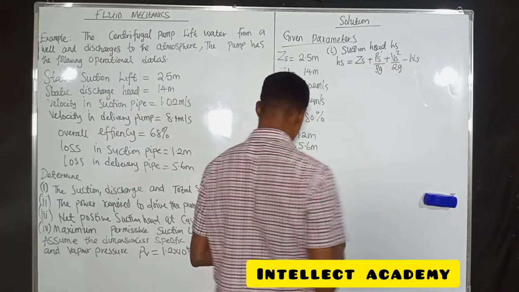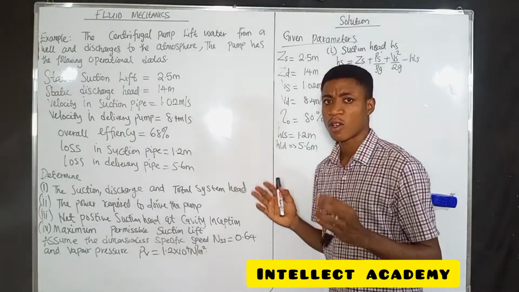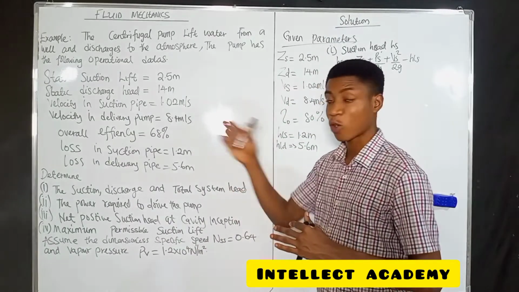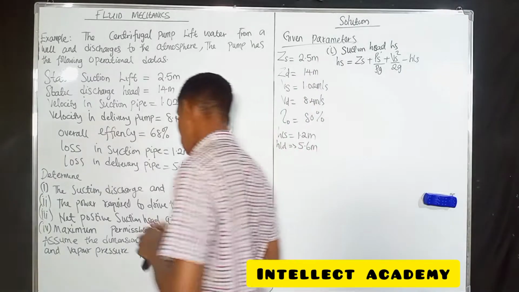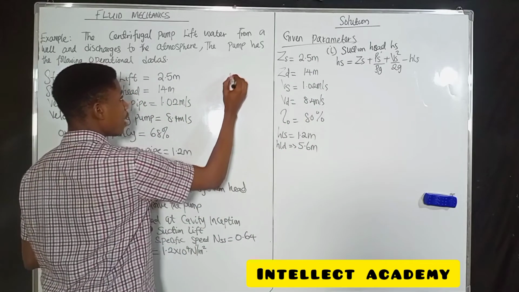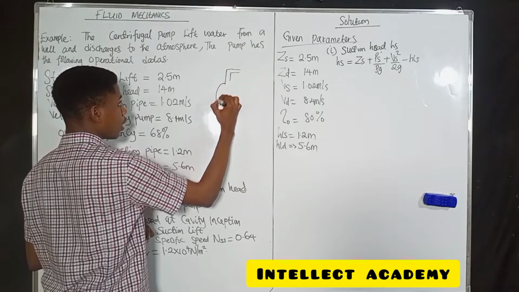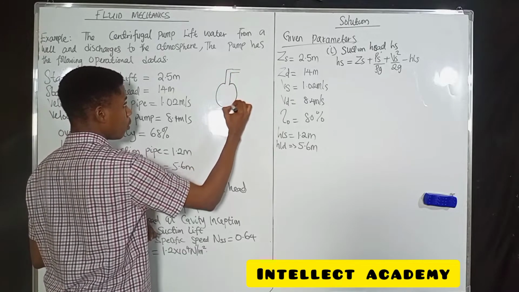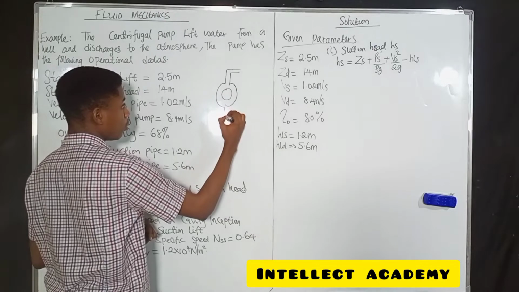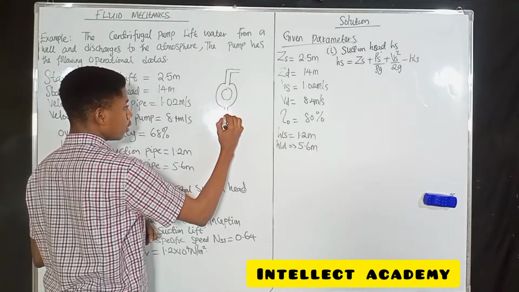Now take note, let me give you a small diagram that illustrates this operation in the centrifugal pump. Let's say we have a pumping system like this. So we have our pump. Let's say this is our pump.